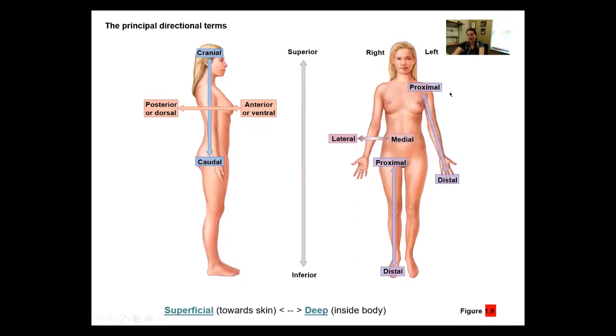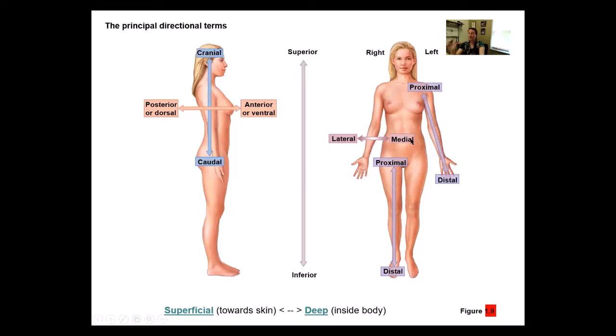Okay. Next, proximal and distal. These terms generally refer to the limbs. Okay. So proximal means closer to the body. Distal means farther away from the body. So the palm is distal to the elbow. The shoulder is proximal to the elbow. Again, mostly referring to the limbs. Medial and lateral.